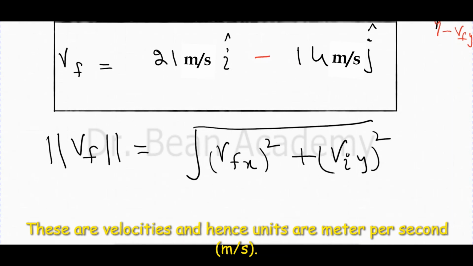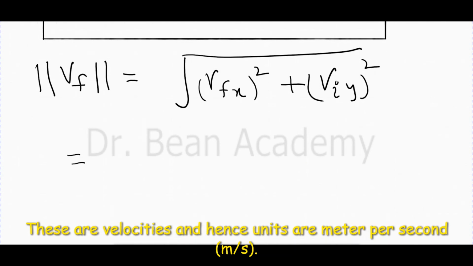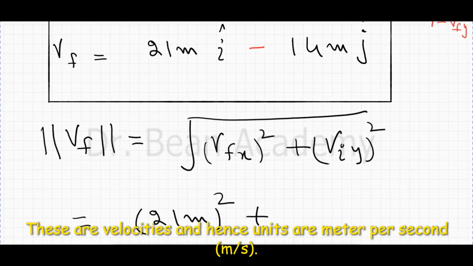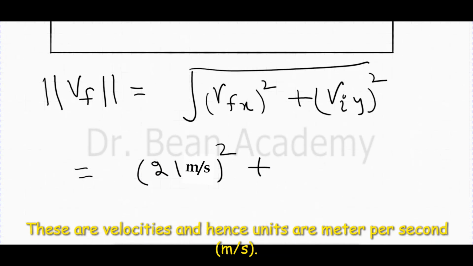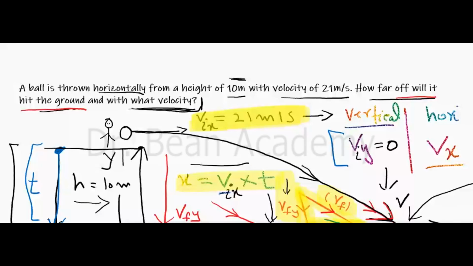If we put in these values, vf of x is 21 meter and vf of y is negative 14 meter, if you take the direction according to my scheme, and my calculator tells me that this value is 25 meter per second.